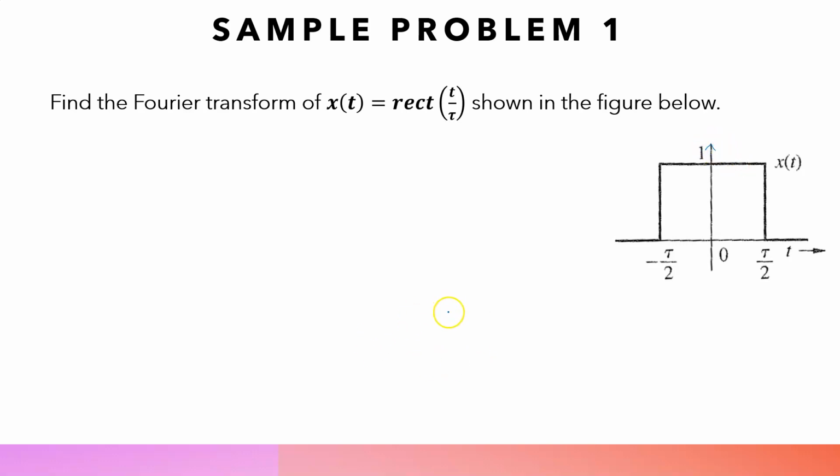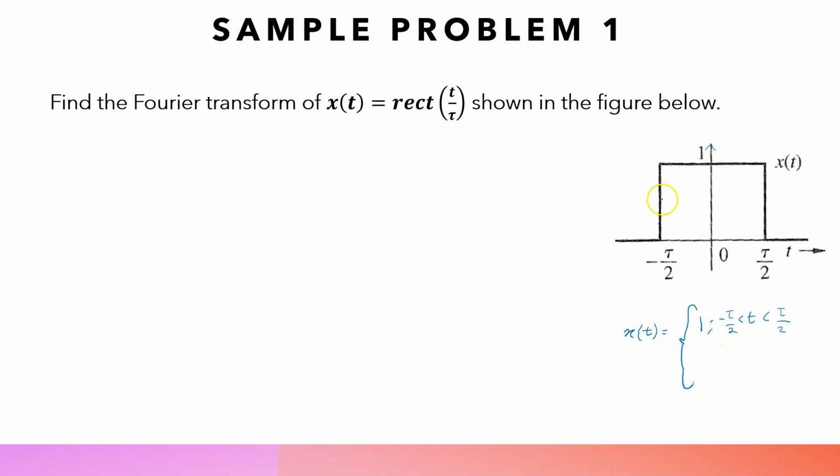Alright, in order to solve this problem, to determine the Fourier transform of this rect t over tau, first let's have a look at this graph and find the mathematical definition of this graph. If you look at this graph, we know that x of t is equal to 1 when t is in between minus tau over 2 and tau over 2.